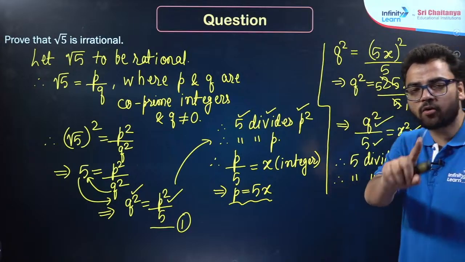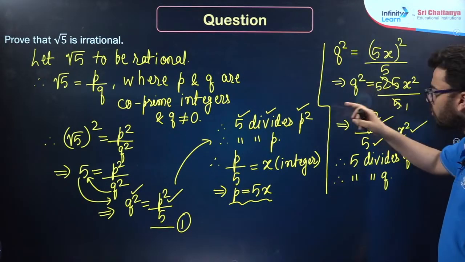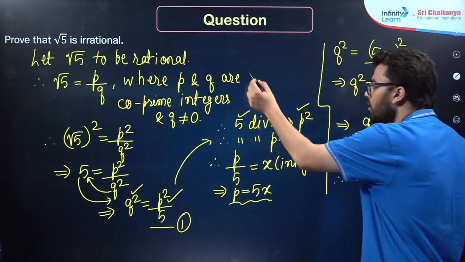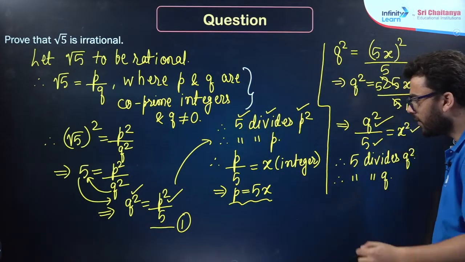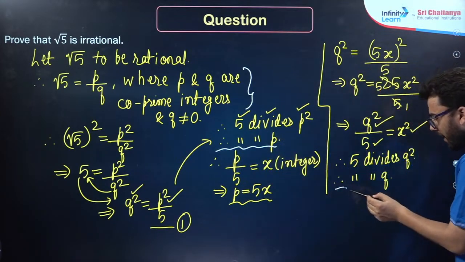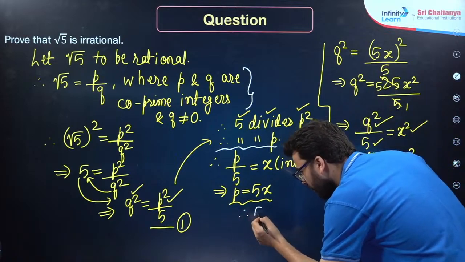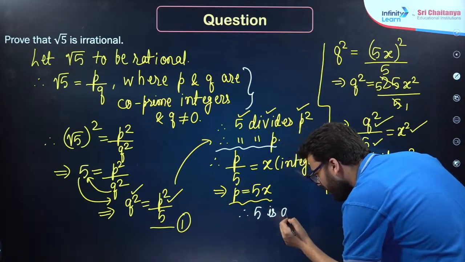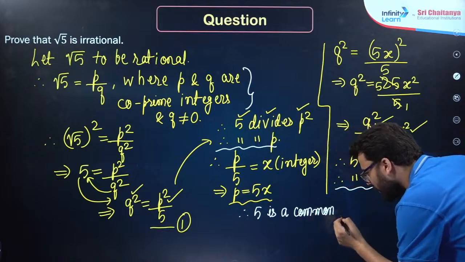Now, isn't this a contradiction? You see, we have assumed that p and q are co-prime numbers. Yes or no? But what are we getting? We are getting that 5 divides p and 5 divides q. It means, therefore, 5 is a common factor of p and q.